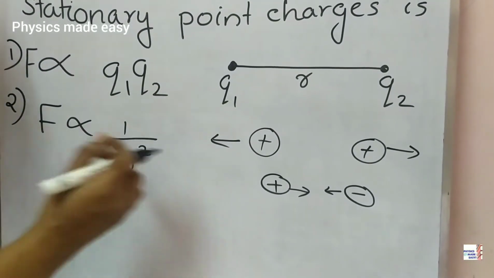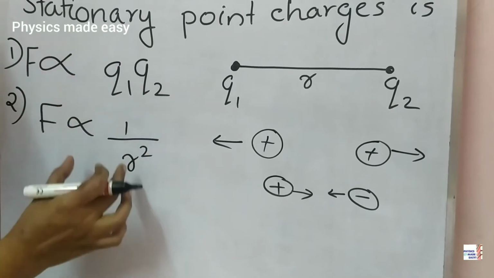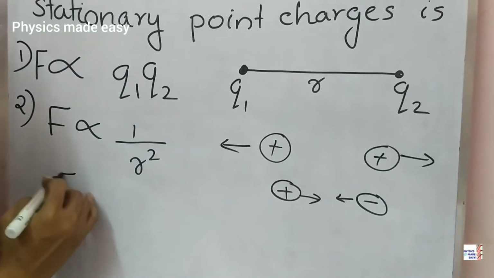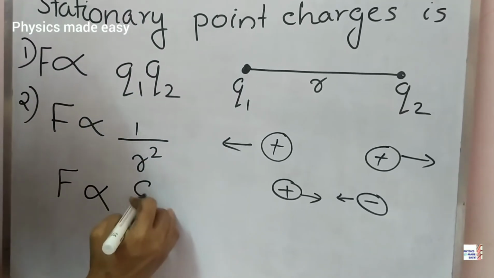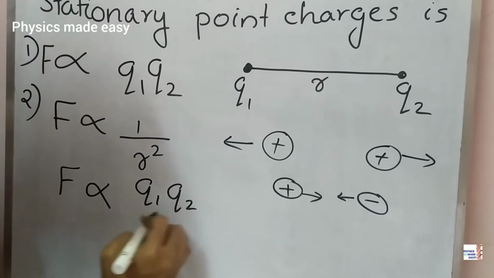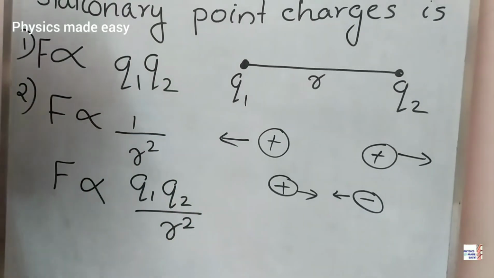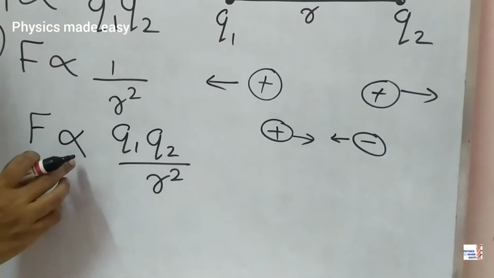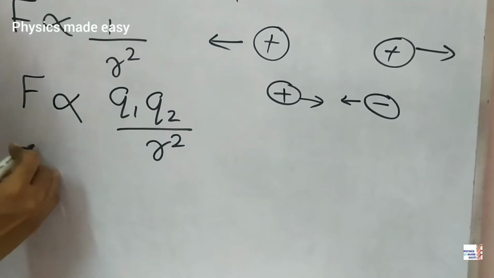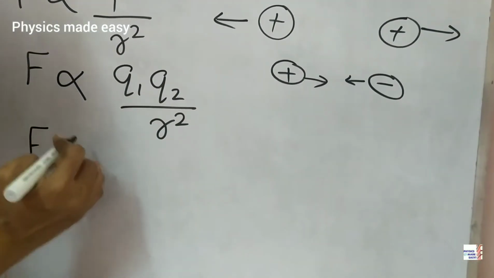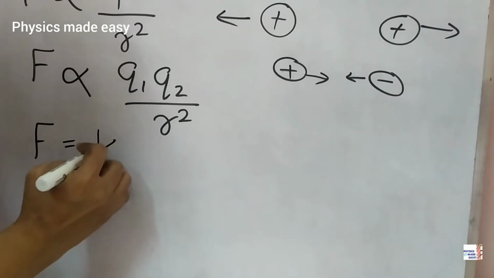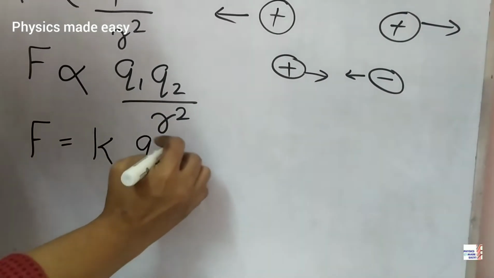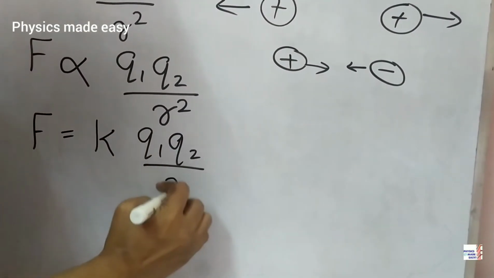You know that. Now we can combine these two expressions. Then you will get F proportional to Q1 Q2 divided by R square. Now we need to remove this proportionality sign. So we can write this by using a proportionality constant K: K into Q1 Q2 divided by R square.